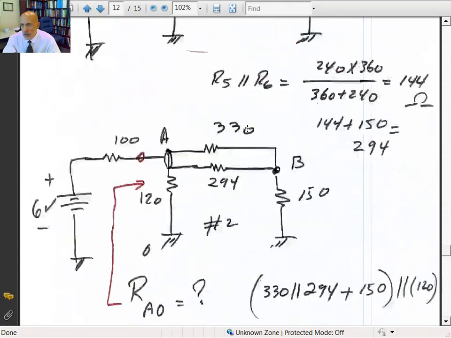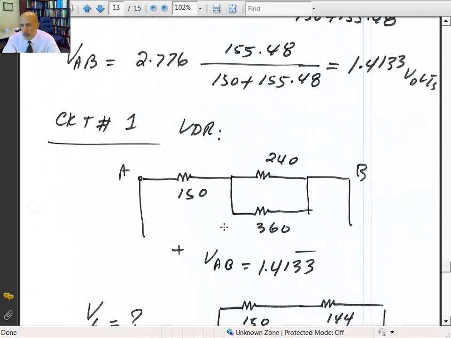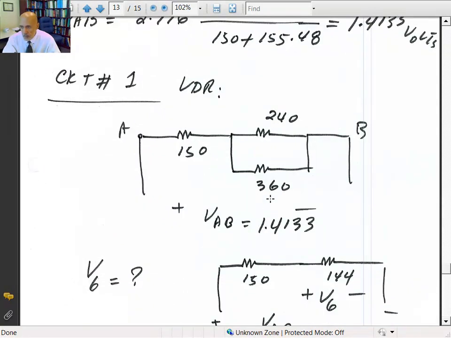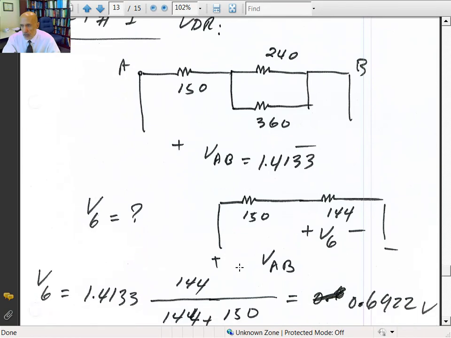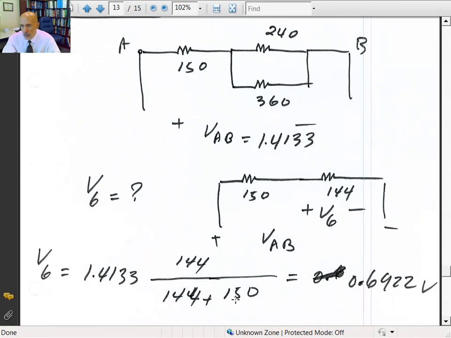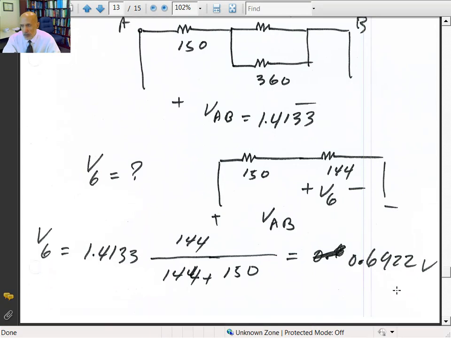So for V sub 6, all I have to do is go back here and calculate the portion of the voltage that drops from point A to B across the parallel combination here, which is 144. So with the voltage divider rule, V sub 6 would be equal to the total voltage times the parallel combination, 144, divided by 144 plus 150. And that gives you 0.6922 volts.